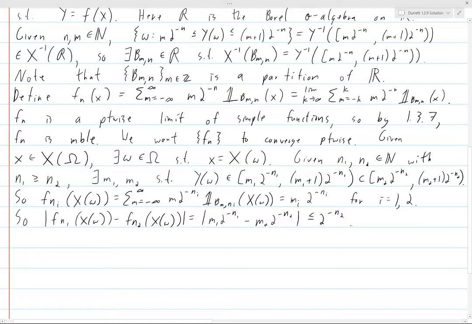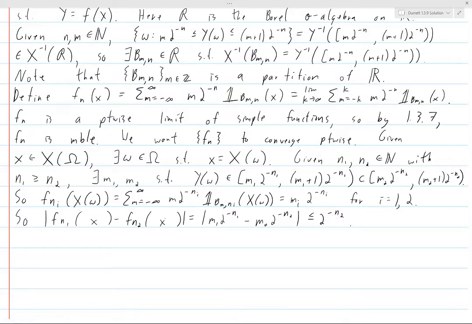So, if we're given any epsilon, or if you fix any point x in X of omega, so I guess I could do this like this if I wanted to. It doesn't really matter. I was making a bigger deal of x being an element of X of omega than I needed to.